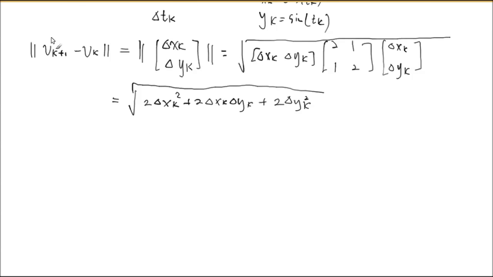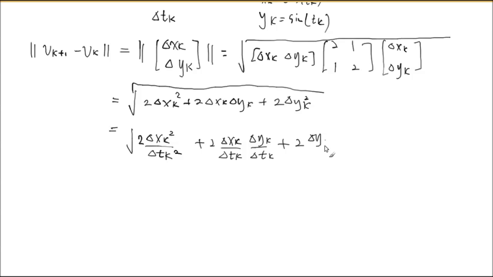If you sum this all up, that will be the approximation. But the usual calculus technique is that there's a parameter behind this. So you stick in this parameter: delta xk squared divided by delta tk squared, that's the parameter behind it. Here, 2 times delta xk delta yk over delta tk squared, and 2 times delta yk squared over delta tk squared.